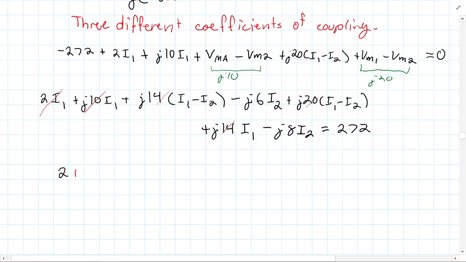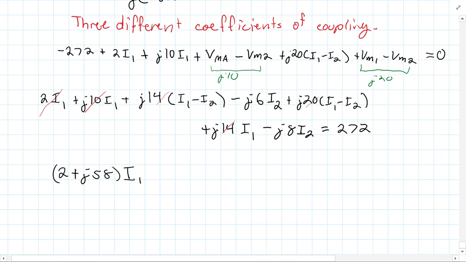So plus j58 I1. Let's double check that again. I got 10 plus 14 plus 20 plus 14. That's all my I1s, which is definitely 58.